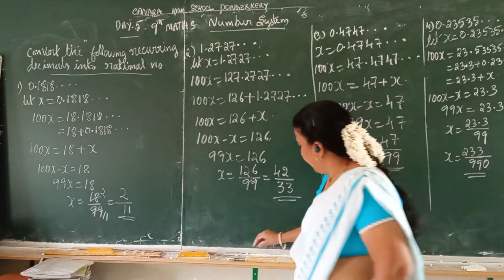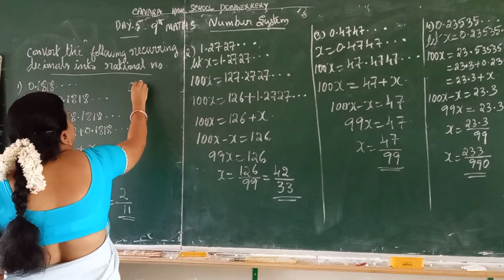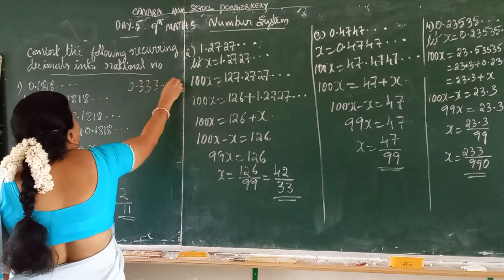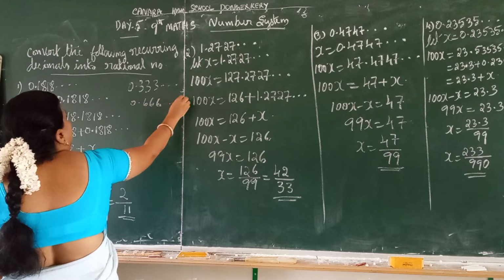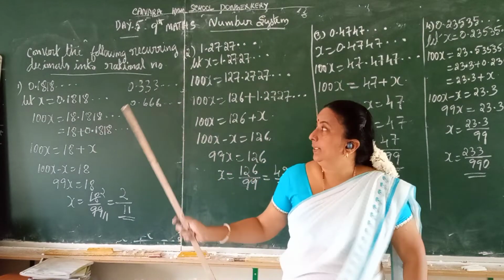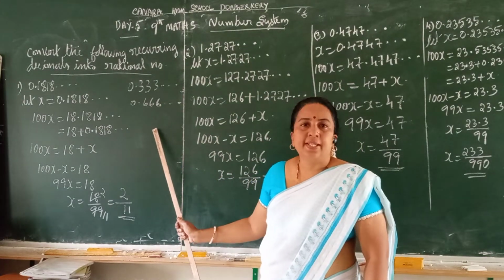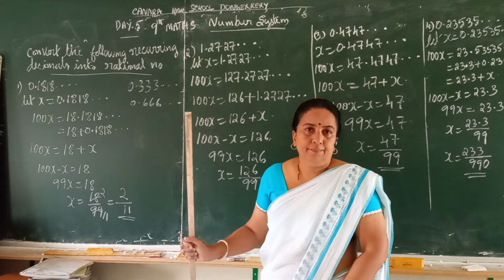In earlier classes, we were discussing recurring decimals such as 0.333 and 0.666, where a single digit is repeating.